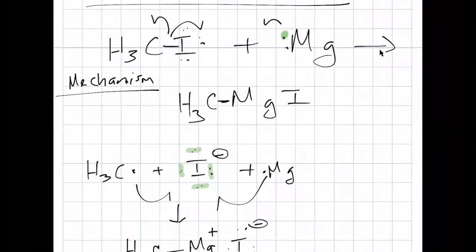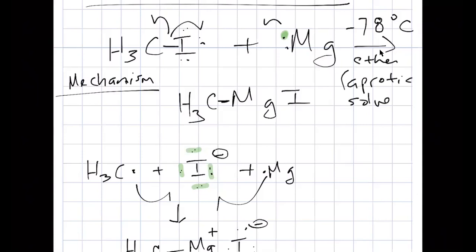So when you want to make a Grignard, and let me put this over here too, I apologize for not putting this in already, you have to do this at really low temperature, and in something like an ether, what we call an aprotic solvent.